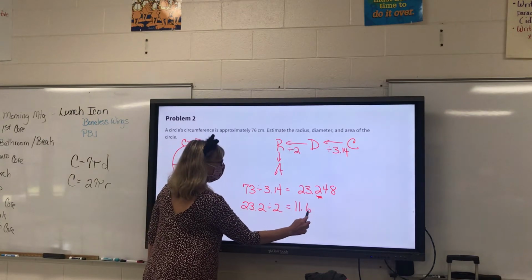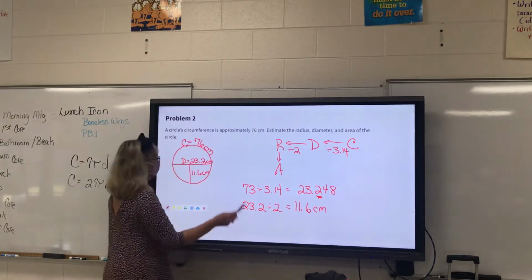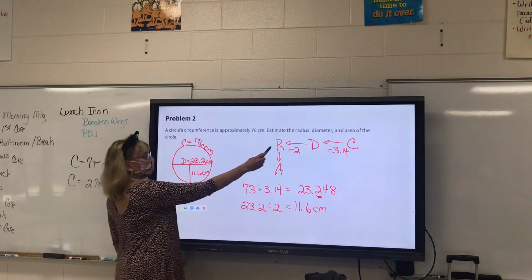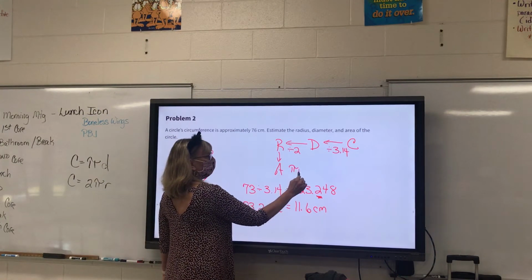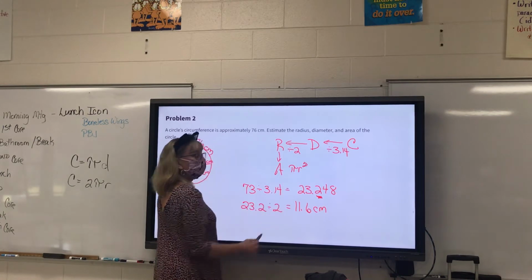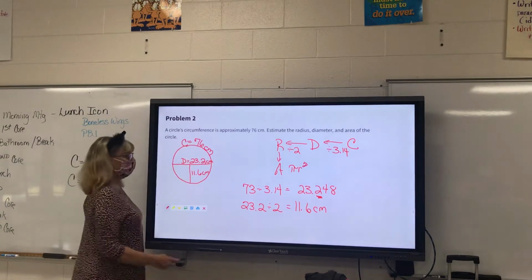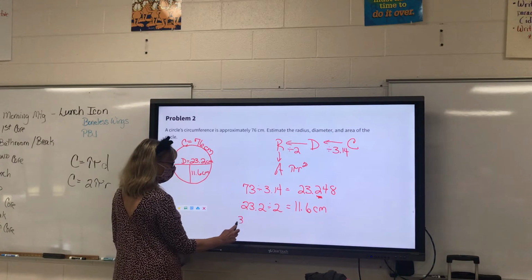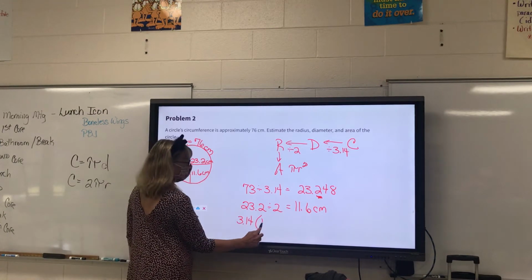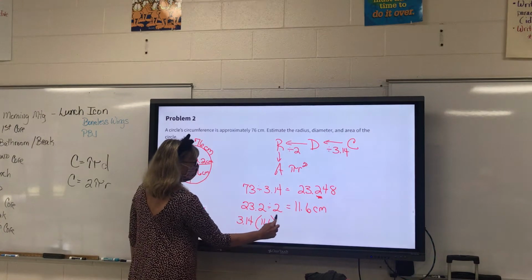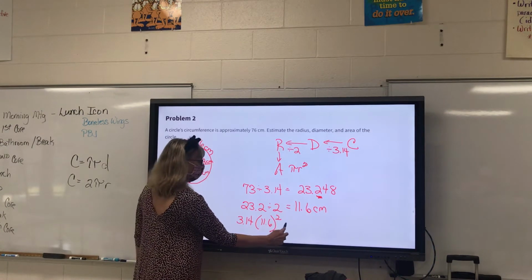centimeters. Now, how do we find the area of a circle? Well, we're right here at radius. What do we do? Pi r squared, right? So we're going to take pi, 3.14, times the radius, 11.6, square it, equals.